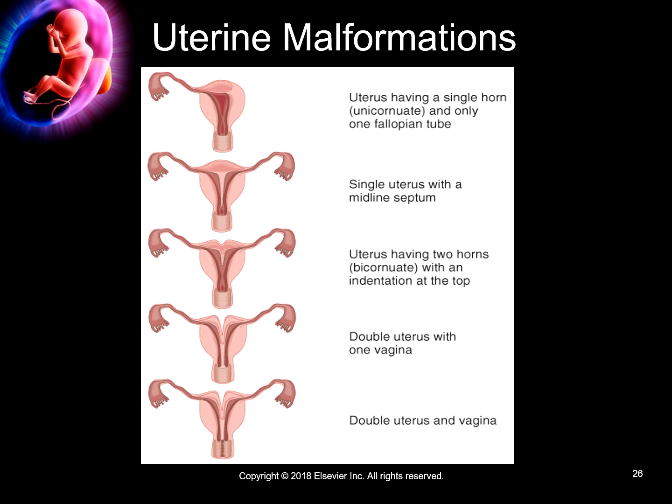And then we have single uterus with a midline septum. Also, a uterus having two horns, or bicornuate, with an indentation at the top. And then double uterus with one vagina, or double uterus and double vagina. So all of these would cause problems with fertility and or problems when the ovum is fertilized.